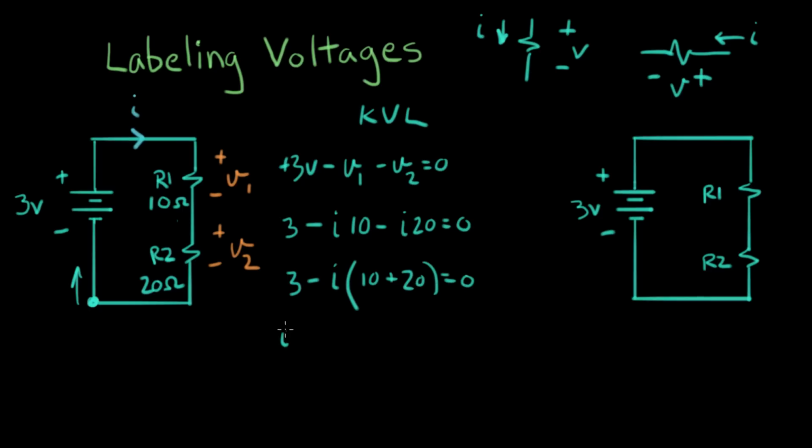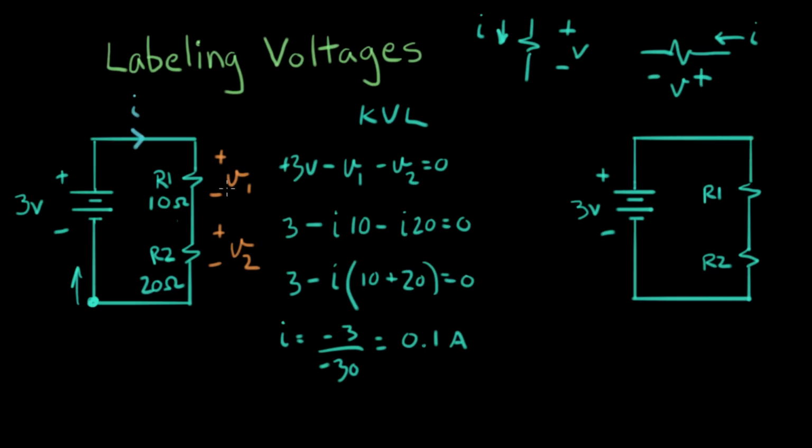And that means that I equals minus 3 over, minus 3 goes to this side, 10 plus 20 is 30, and the minus sign goes with the 30, minus 30. So I equals plus 0.1 amp. So we solve for I.